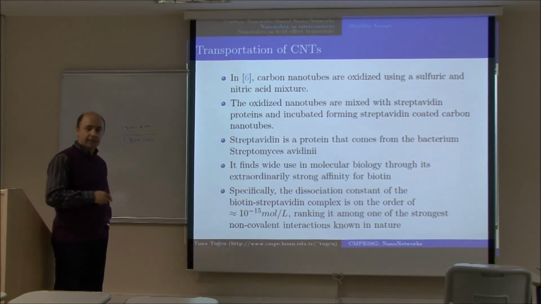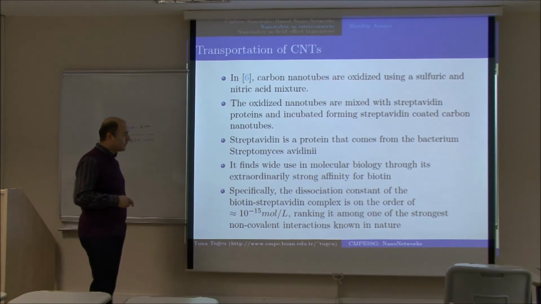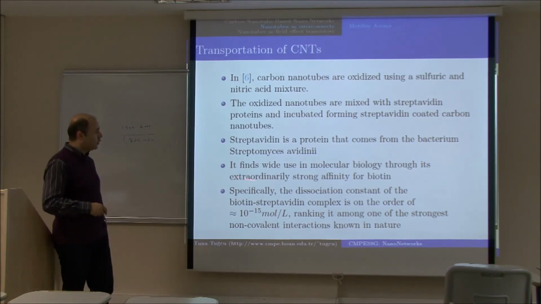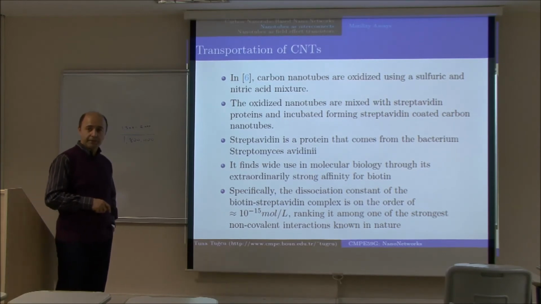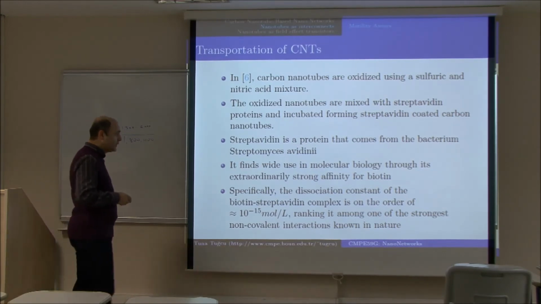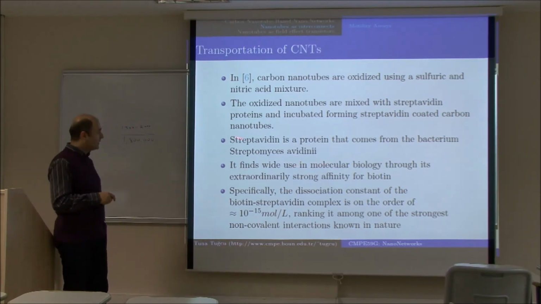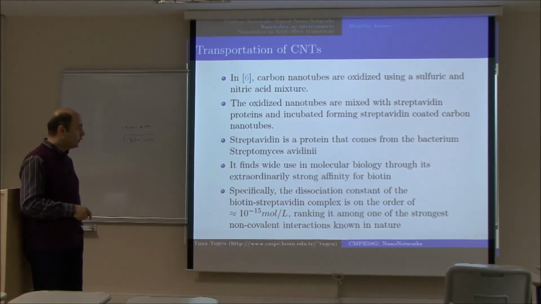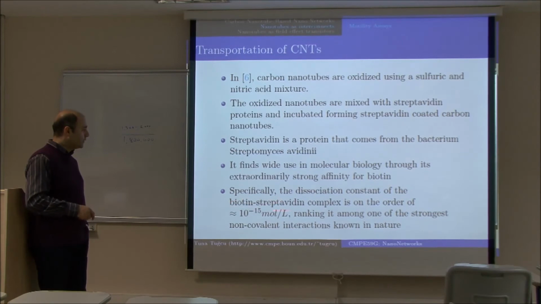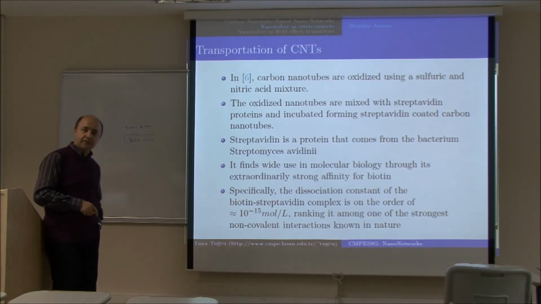This streptavidin protein is widely used in molecular biology because it has an extraordinarily strong affinity with the molecule biotin. Actually, if you look at the affinity between biotin and streptavidin, the dissociation constant of the biotin-streptavidin complex is on the order of 10 to the minus 15, which means they don't want to dissociate.